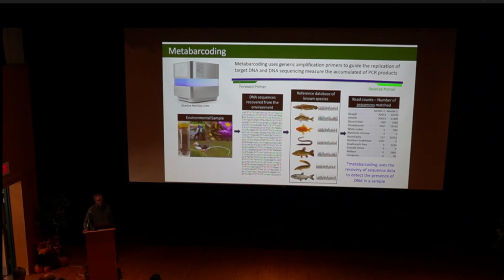By comparing what we find in the environment to that reference database, we can begin assigning identities. What we have here looks like count data, and it is count data, but we have to remember that what we're counting are DNA sequences. That's the difference between qPCR and metabarcoding. So how do we apply that?